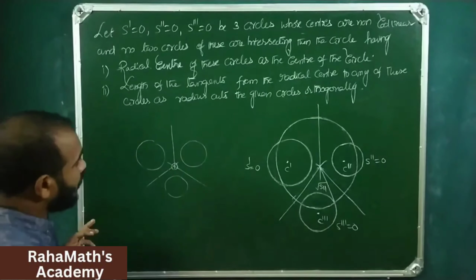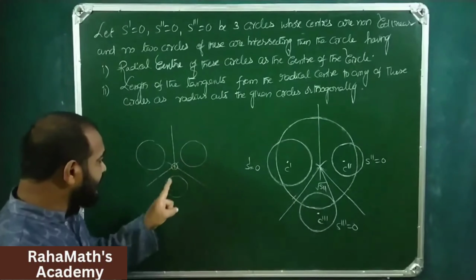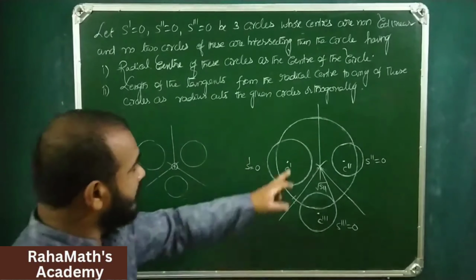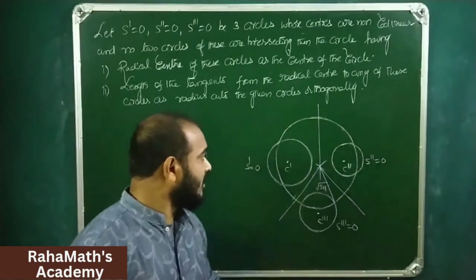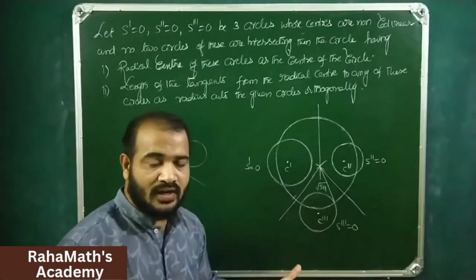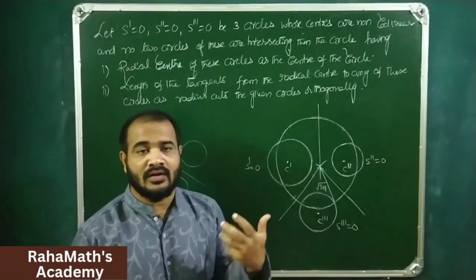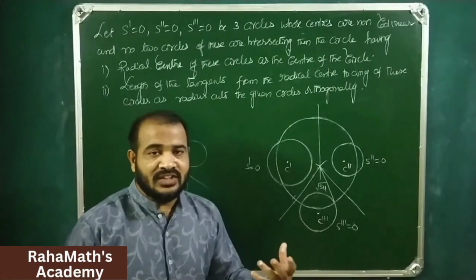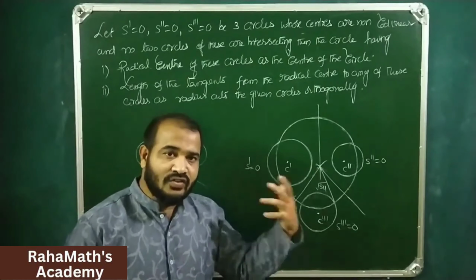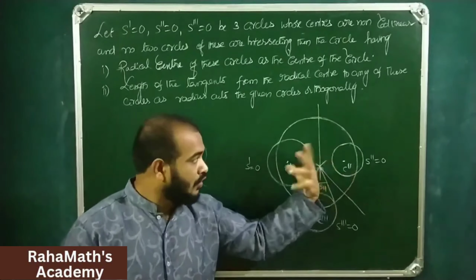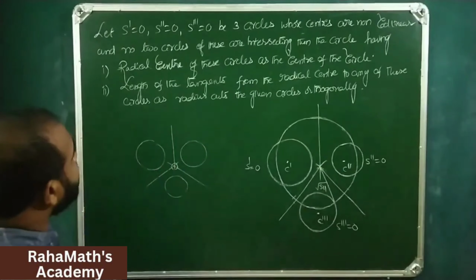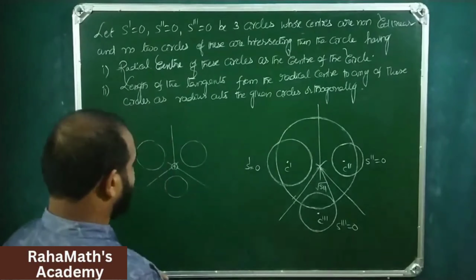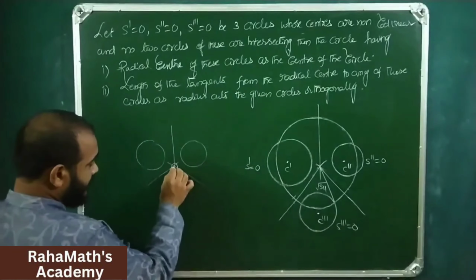Okay. So here, one big circle is formed. This circle cuts these three circles orthogonally. We are familiar with orthogonality. If two circles cut each other at 90 degrees, it is said to be orthogonal. Here, this is the center.